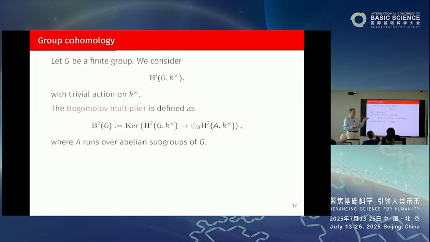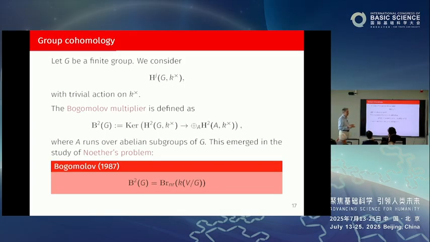So you can look at restriction homomorphisms in group cohomology, and let's define B2 of G, the Bogomolov multiplier, as the kernel, the intersection of the kernels of the maps into the cohomology of these abelian subgroups of G. Now, this particular group came up in the study of Noether's problem.